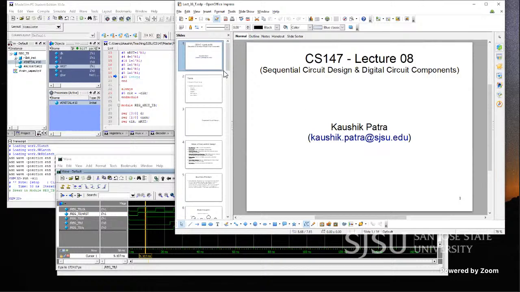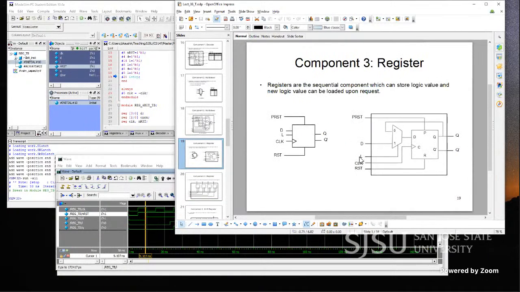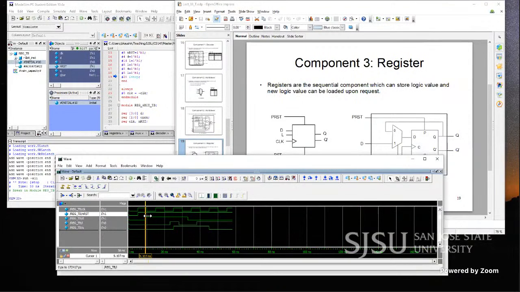So this load signal, where is that? This load signal we kept to 0. That means even if we change the value D to 1, at this positive clock cycle Q is not following the D. It is not registering that at all because we haven't issued the load signal into that component.